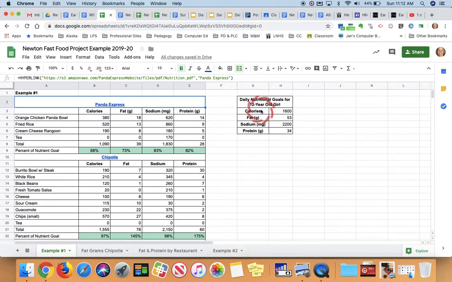Then you should list out calories, fat, sodium, and protein, and you should have entered in the numbers that we looked at in class. 1,600 calories if you are female, 1,800 if you're male. We'll skip fat for now since it requires a formula. Sodium was 2,200 for both genders, and protein was 34 for both genders.